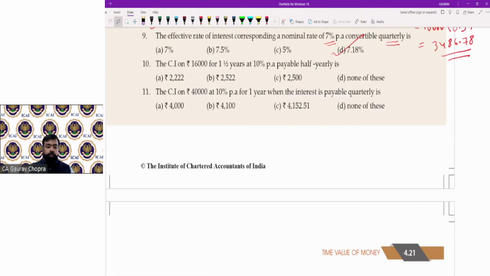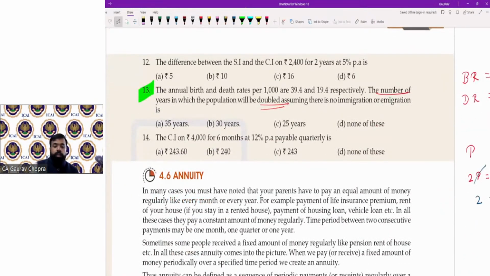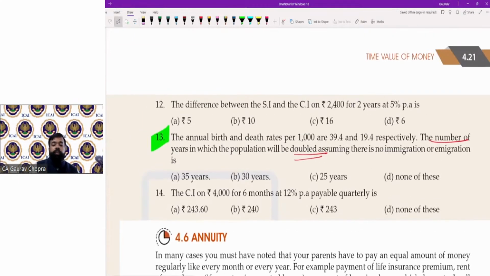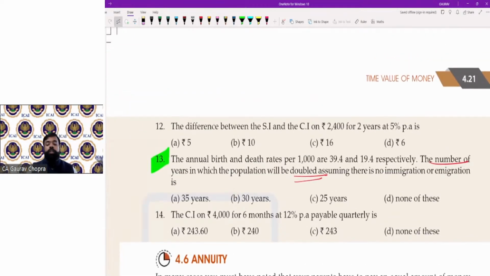Now the next one is easy. 10th is your homework. 11th is your homework. These two are homework. Now 12th one. 12th you have to do now. The difference between compound and simple interest on 2400 for 2 years at 5% per annum is.